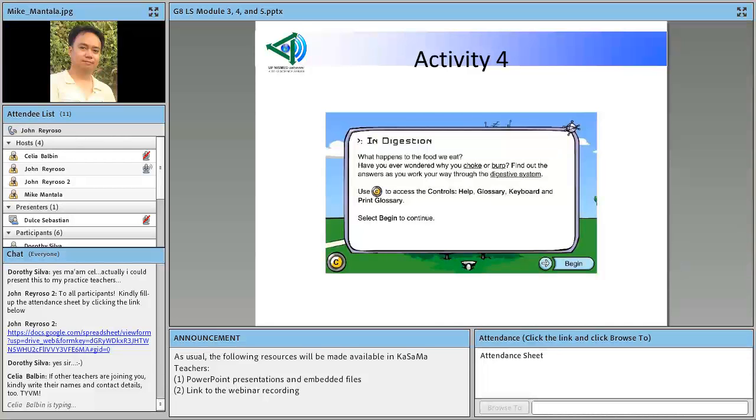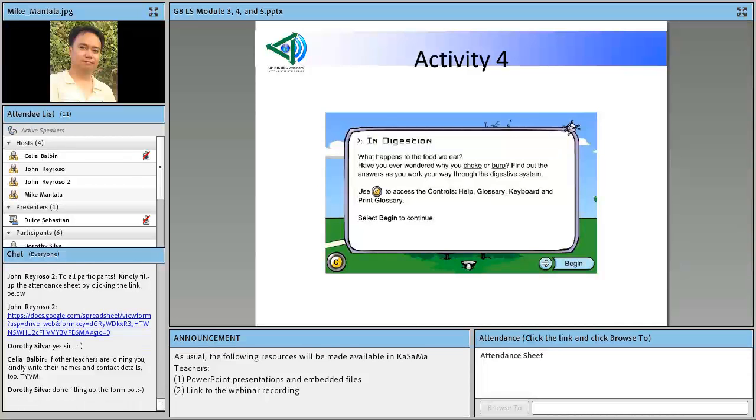and then the student would be asked to click on certain buttons. And what are those buttons? The user interface would ask the student whether or not the student would like to chew the food, whether or not the student would like to incorporate saliva in the digestion of food and the like.